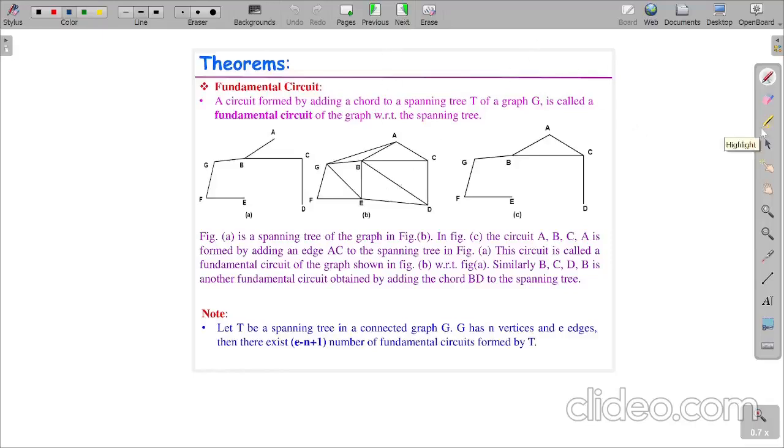Fundamental circuit. A circuit formed by adding a chord to a spanning tree of a graph G is called a fundamental circuit of the graph with respect to the spanning tree.